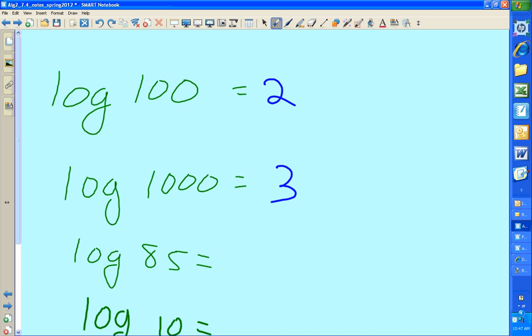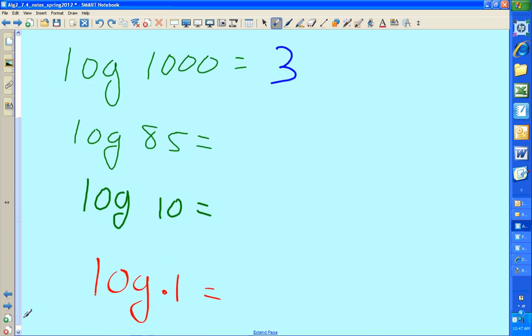And the log of 10, what's the log of 10? 1. And if you do log of 85, 1.929. And just for fun, the log of 0.1, -1. Now remember, a log is an exponent. Look at this.